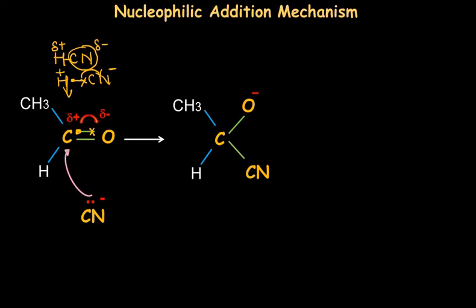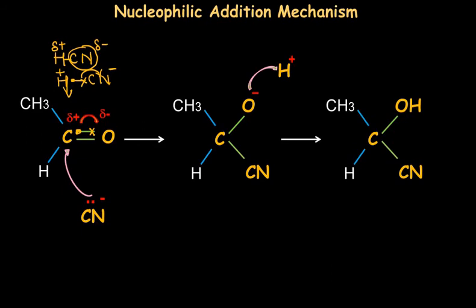Next, from the HCN molecule, the hydrogen which is still present and carries a positive charge will be attracted towards the oxygen which is negatively charged, and so an OH bond will be formed in the next step. So the final product carries a hydroxyl group and a nitrile group.